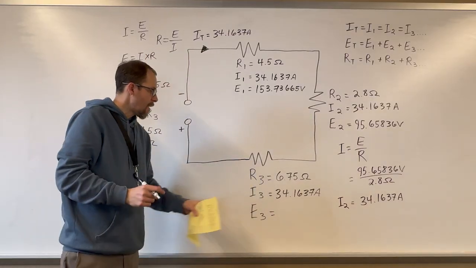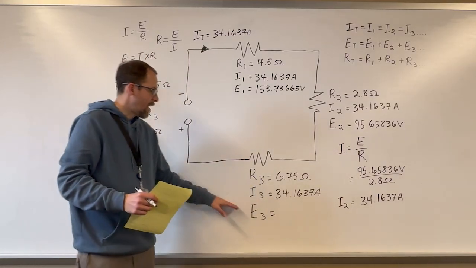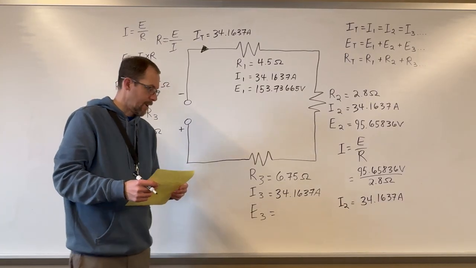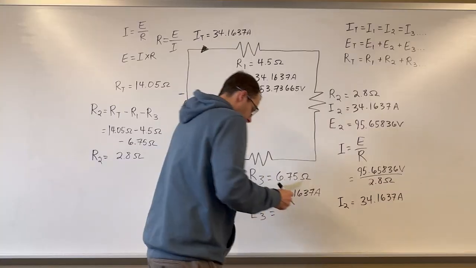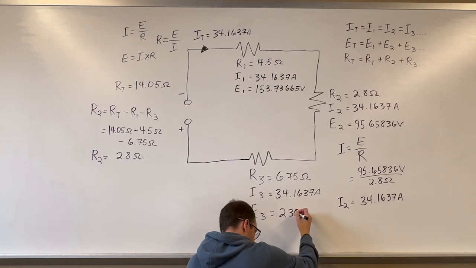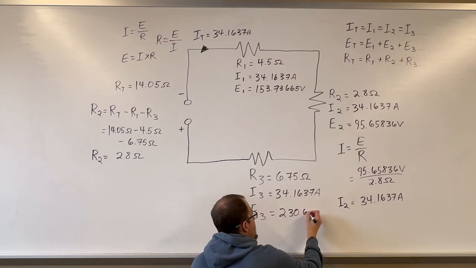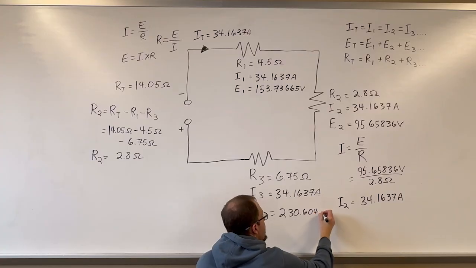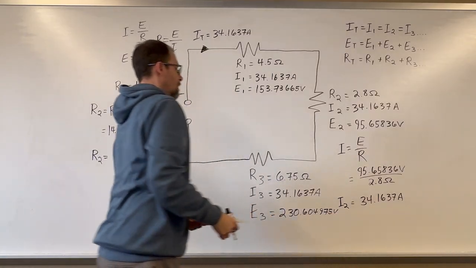Then I come down to R3, and guess what? I can do E3 equals I3 times R3, which gives me a number of 230.604975 volts.